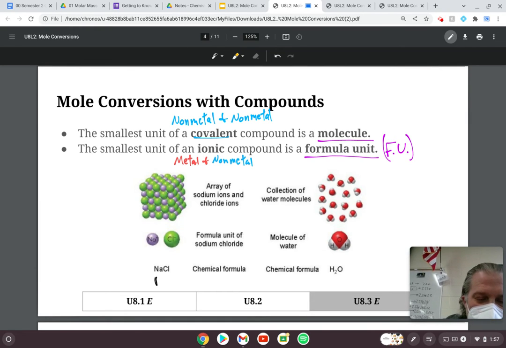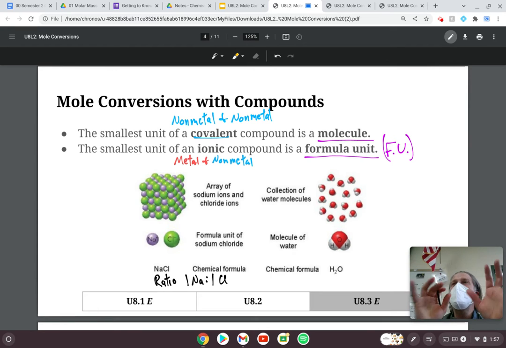What that really means is the ratio of Na to Cl. So it's 1 Na for every 1 Cl. So if you have a singular crystal of table salt laying on your table, there could potentially be millions of sodium ions and millions of chlorine ions in a ratio of 1 to 1. And that's the difference between a formula unit and a molecule.